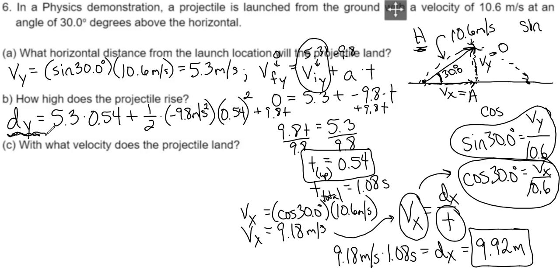And then it says, with what velocity does the projectile land? So in other words, what is the final velocity? And guess what? If it launches at an angle of 30 degrees with an initial velocity of 10.6 meters per second, there's no calculation that we need here. It is going to land at the same angle and the same velocity.